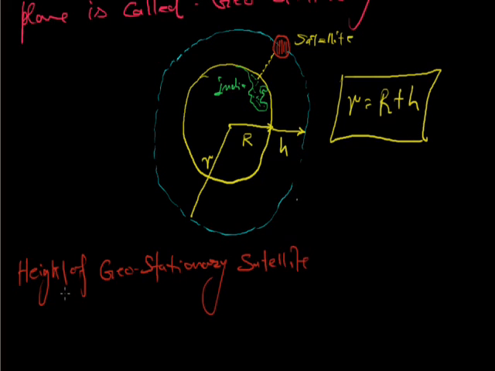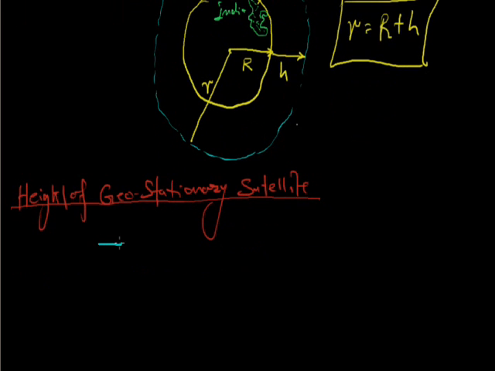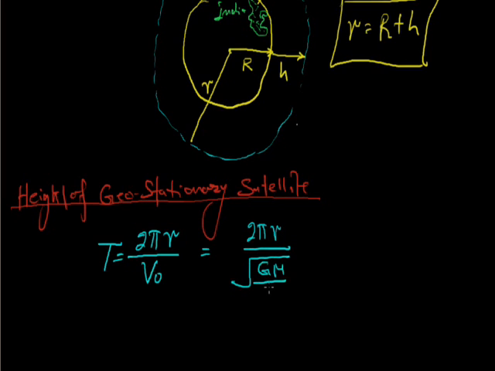We know that the time period of the satellite T is equal to 2 pi small r, the circumference, upon the speed of the satellite, that is v0, so 2 pi r upon root GM upon small r, that is 2 pi r raised to the power 3 by 2 upon root GM, because under the root there is r and above also r to the power 1, so here the power will be 3 by 2.